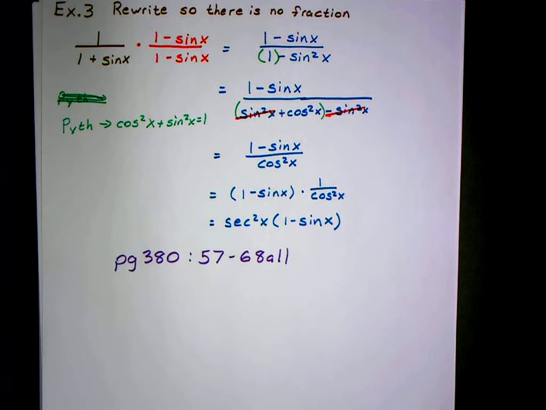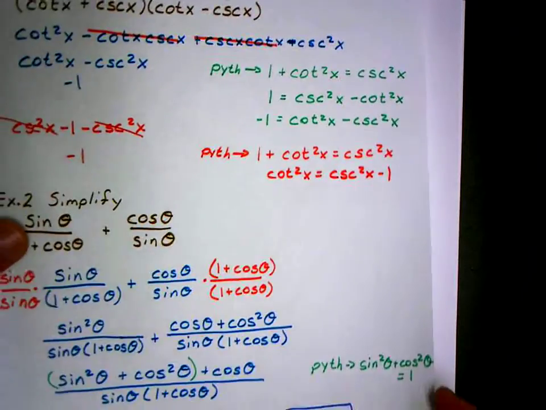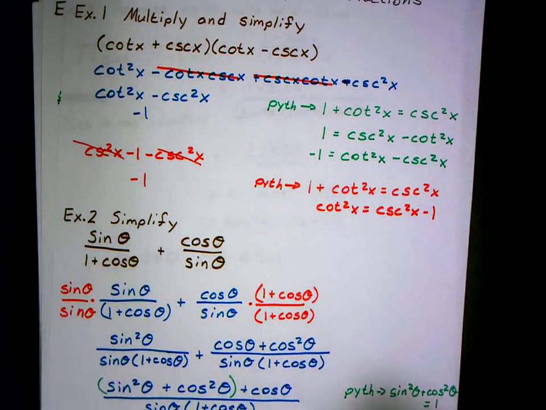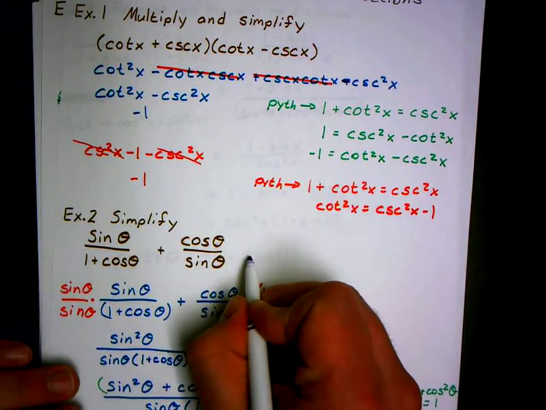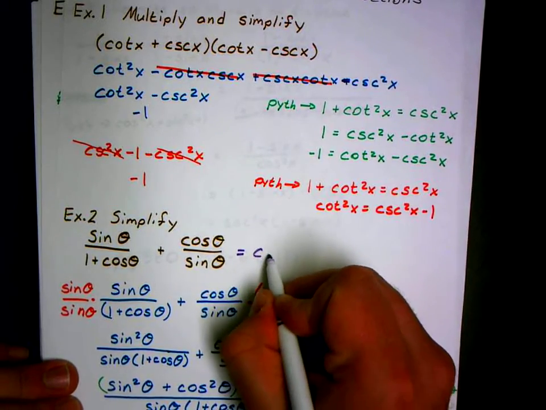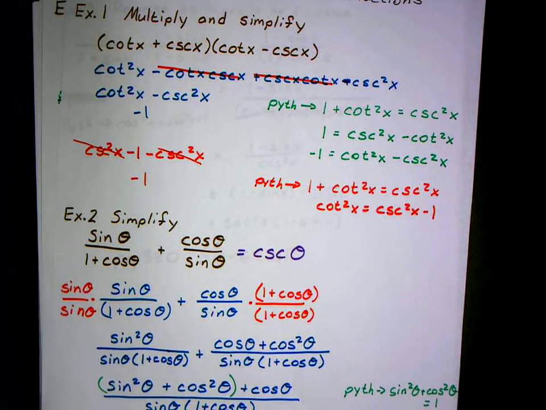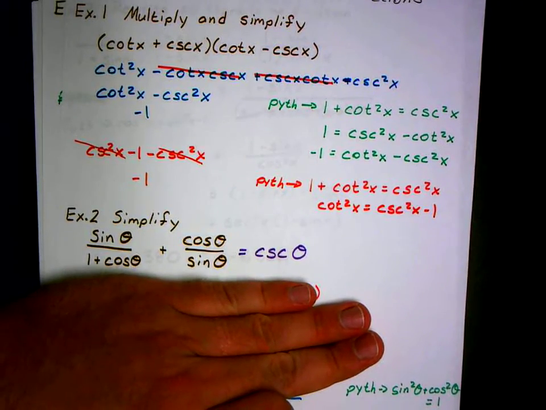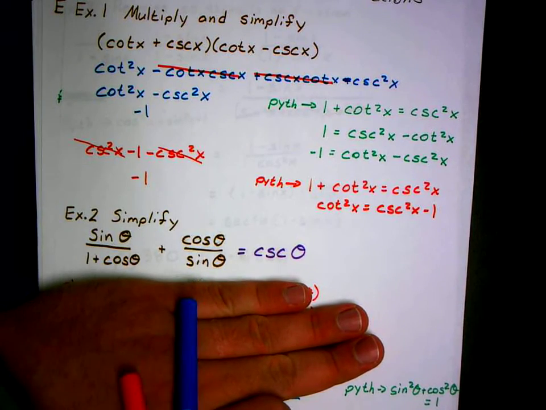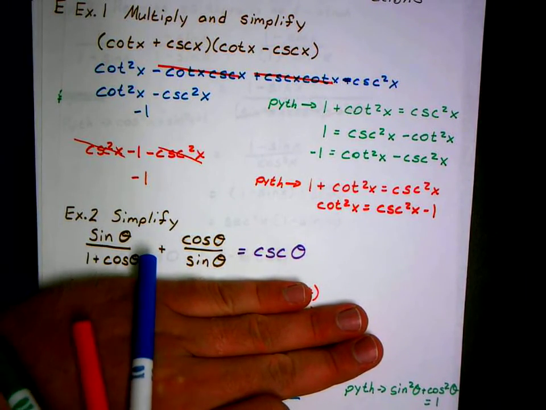Again, the only difference between this and the quiz, which we'll cover again tomorrow if I'm here, is that on the quiz your problem would look like this. So you would just do all your work over here and show that this side equals cosecant theta.